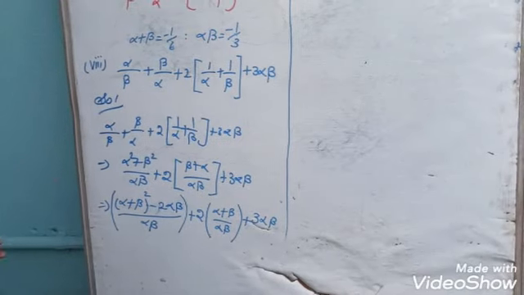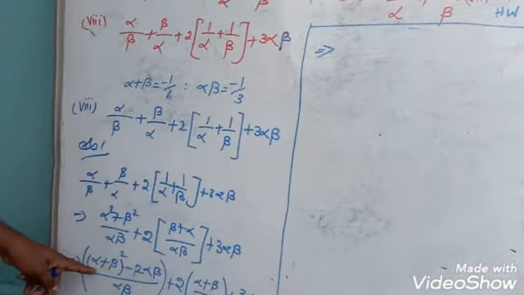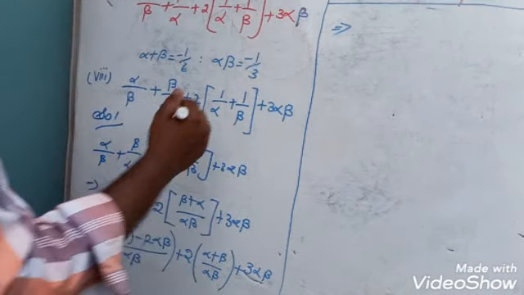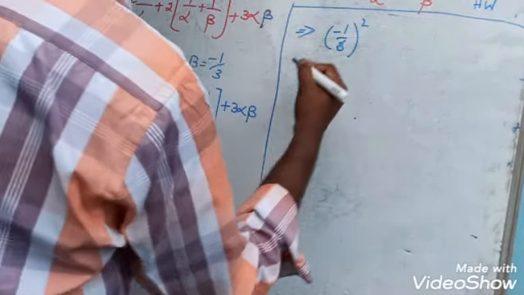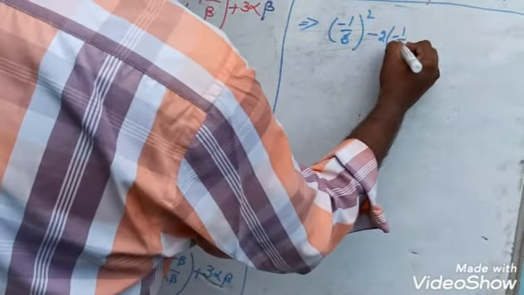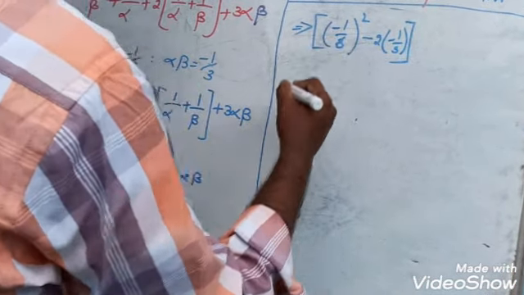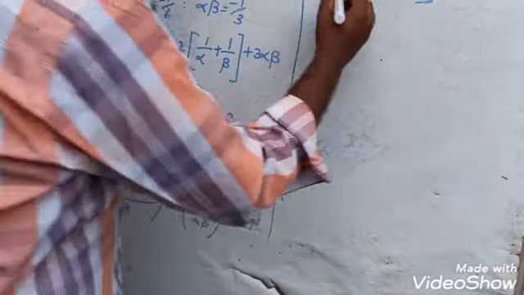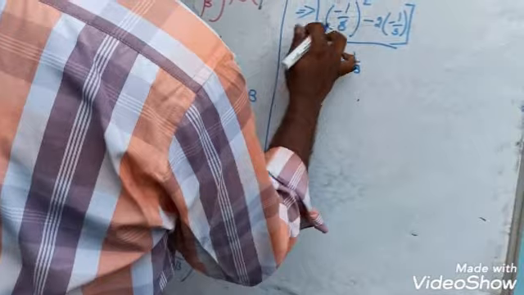Now we directly substitute the values. Alpha plus beta, we know, is minus 1 by 6. So minus 1 by 6 whole square, minus 2 into alpha beta, minus 2 into minus 1 by 3. This is one set, and the whole is divided by alpha beta, minus 1 by 3.